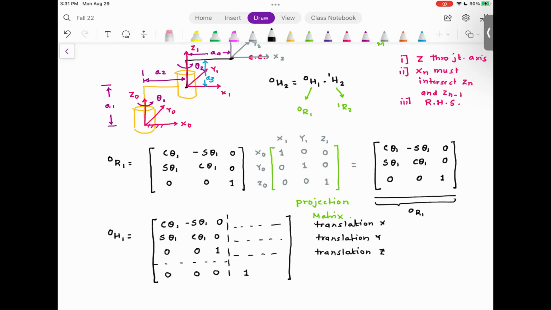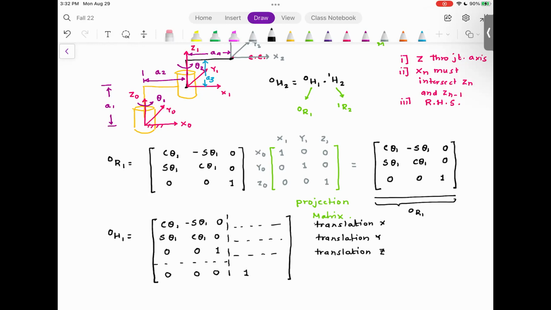So how is it found out? Whatever relationship for translation we write, that translation relationship should be the same for all values of theta. Please understand, theta is the joint variable. The length is rotating at theta 1.